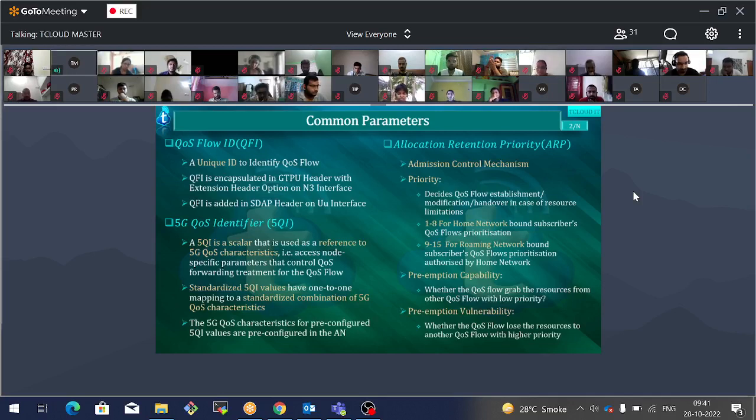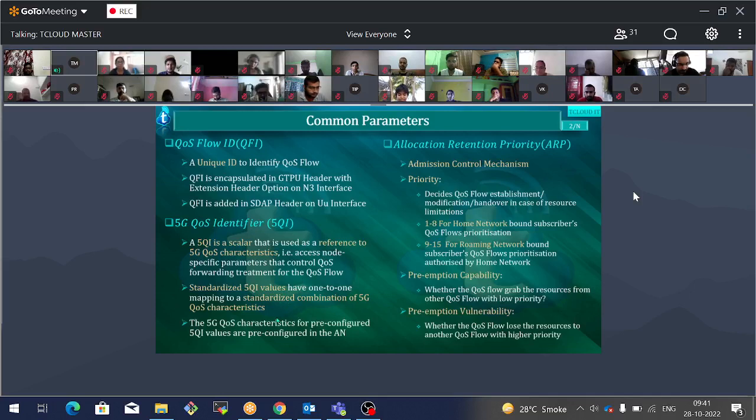For example, if a quality of service flow is associated with a 5QI, whatever the 5QI quality of service parameters that are standardized, all those things would be applicable for that quality of service flow. So basically this 5QI is a group of quality of service properties.